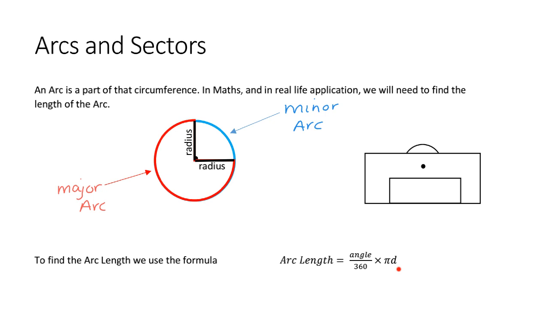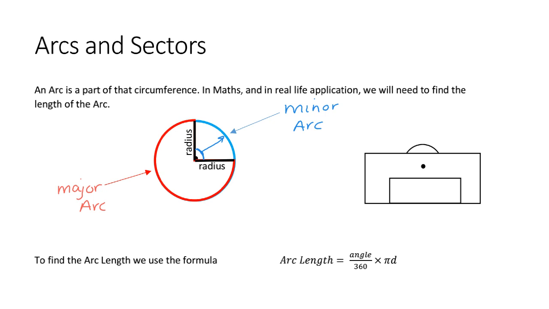Let's break that down then. First of all, angle. Well, what angle are we talking about? If we were wanting to calculate the minor arc, so that blue line, then the angle that we would need for the minor arc would be this angle here, because that's the angle that goes with this portion of the arc.